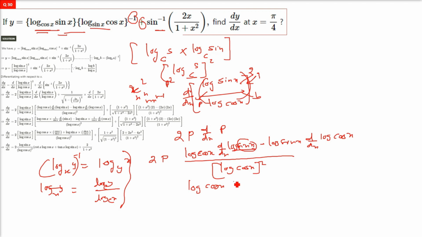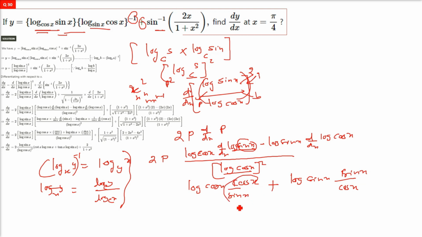So it will be 1 by sin x, and sin x differentiation is cos x. It is going to be cos x. Now minus log sin x. Let us write it like this. And I am not writing the denominator now, doing the numerator only. So d by dx of log cos x is 1 by cos x times minus sin x. So I am writing sin x here and changing the sign, negative to plus.